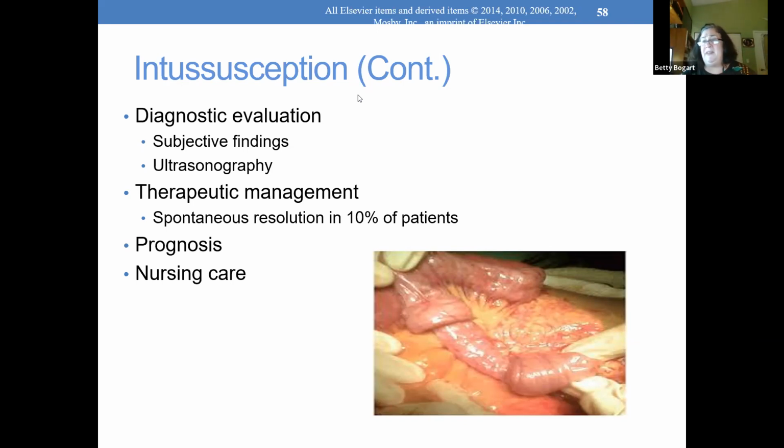We put them on a high fiber diet to keep the intestines open and tell them to come back in if they need it. Now, there are times where they waited so long and it swelled so much that it's not popping back out. They literally do an air enema on these children, done by the radiologist under fluoroscopy.